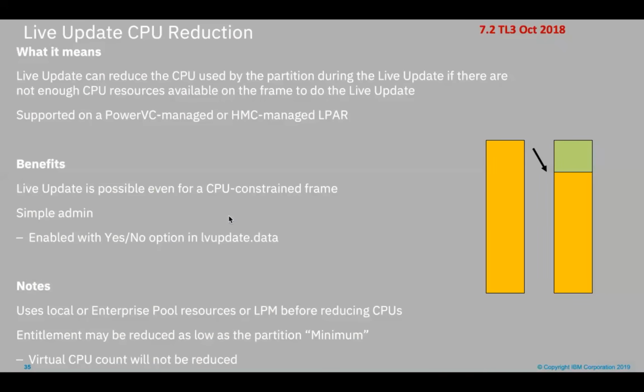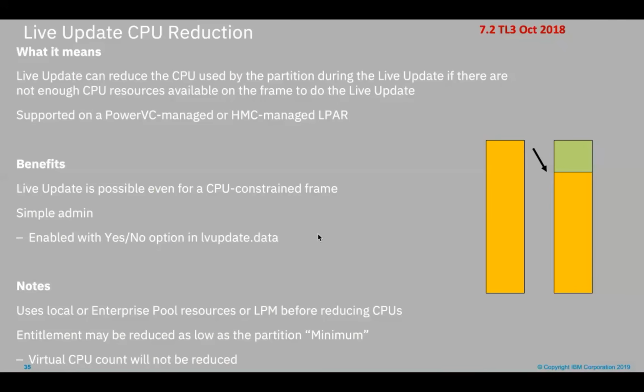And another configuration item that we introduced in 2018 is the live update CPU reduction, which I mentioned earlier. Again, this is something you enable in the live update configuration file. And what it does is it will try to reduce the entitled capacity of the surrogate VM when we create it to as low as it possibly can.